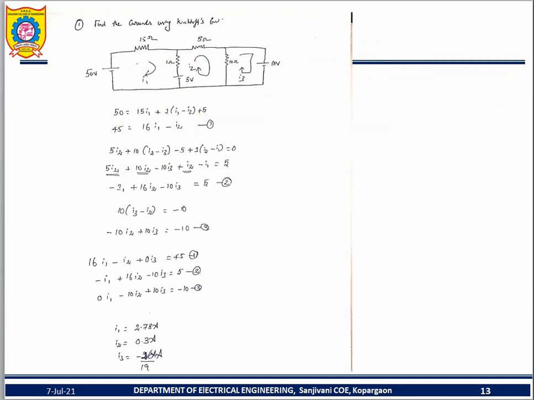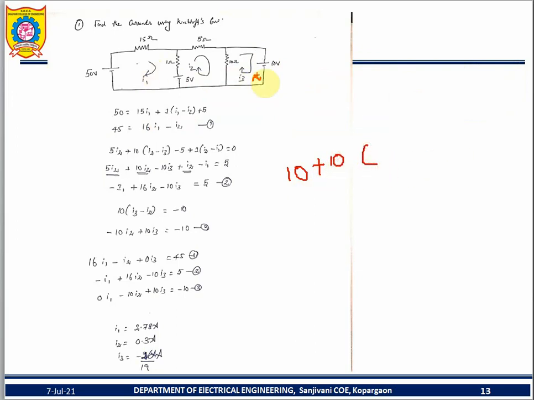Similarly, let's write another equation. I'm standing inside the room. I'm entering the plus 10 volt. So 10 volt is equal to, I'm entering the room, 10 volt plus 10 into, it's common.